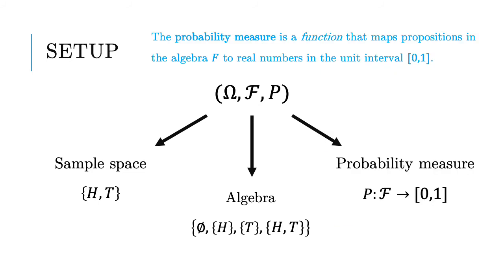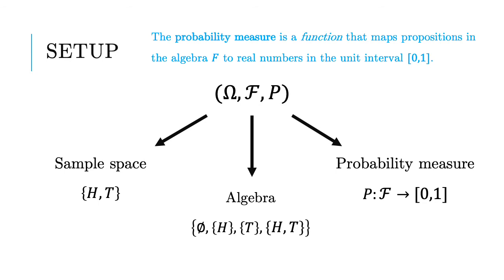Finally, our third object is a probability measure, which is a function that maps propositions in the algebra, all those possible propositions or events, to real numbers on the unit interval. You can imagine here, for example, if we have that this is a fair coin, we might map the empty set to 0 because we don't think that nothing will happen.